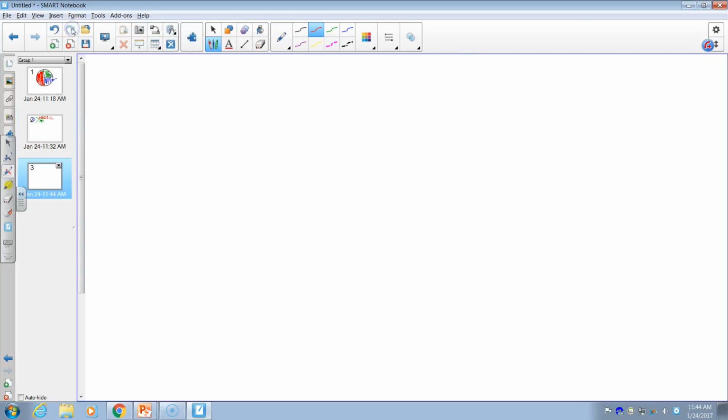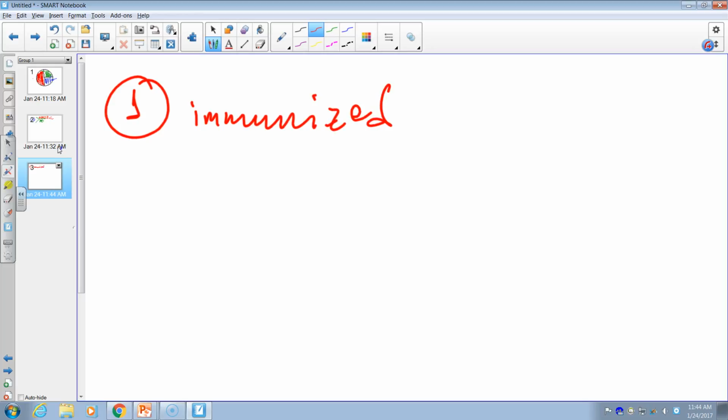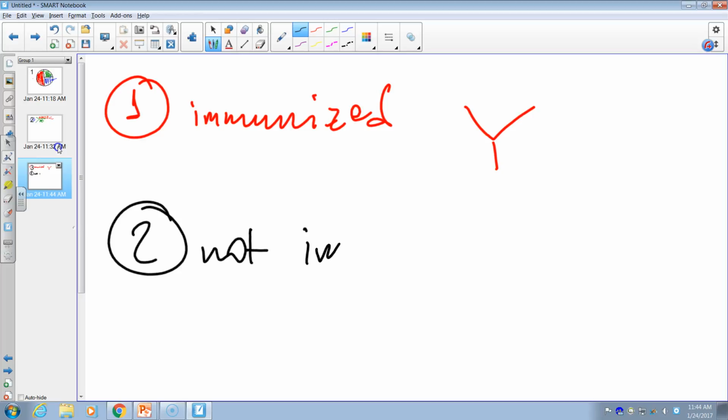So do you apply the hepatitis B virus to the serum? A part of it, a protein of hepatitis B. Say you have one person that got immunized against Hep B. So this person is going to have antibodies. Another person who is not immunized has no antibodies, right? So add hepatitis B, well, not the whole virus, but usually the surface antigen. Antibody will bind it.